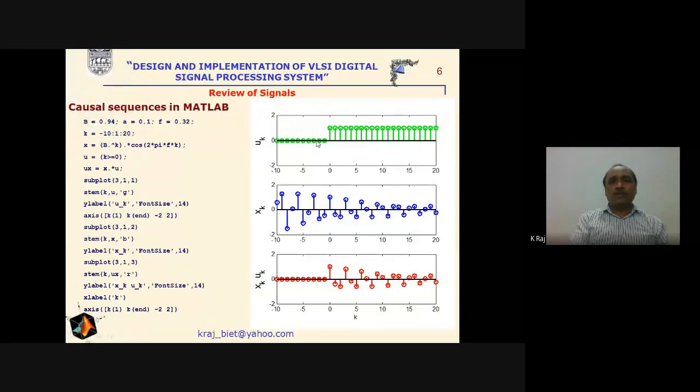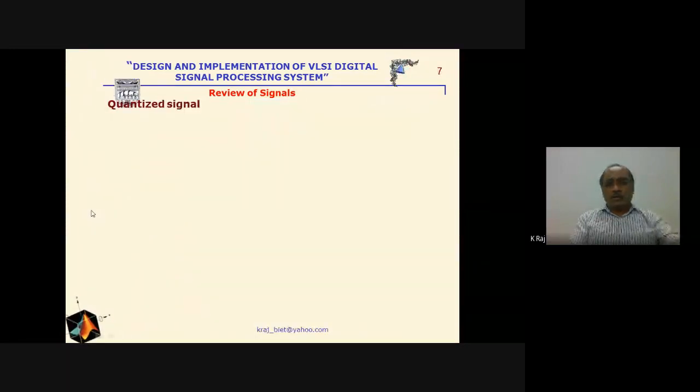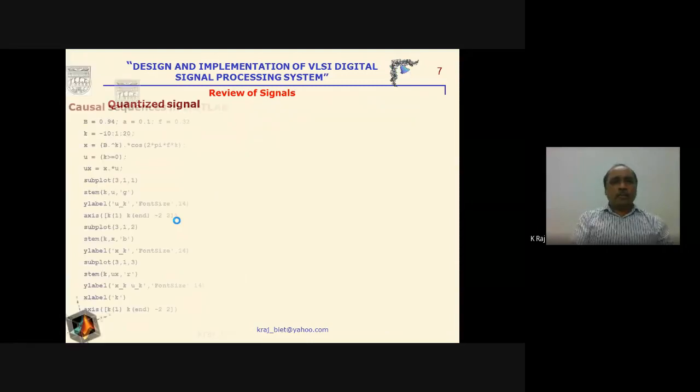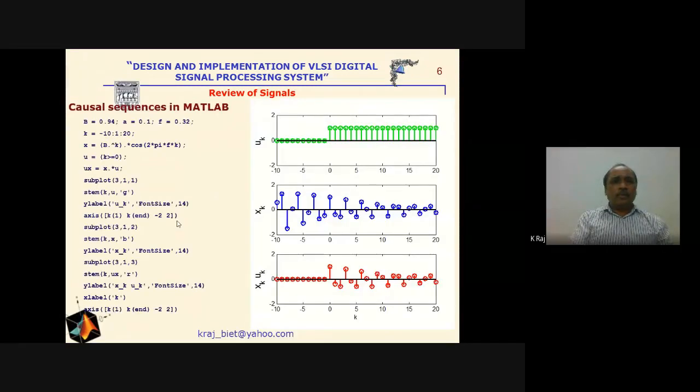So this is the function that we have generated for the first one, and we have defined the axis range, that is minus 10 to 20 here. Similarly, if we are interested in the second graph, we will write here 3 1 2, that is the second one, and on the y level we will write the x of k.